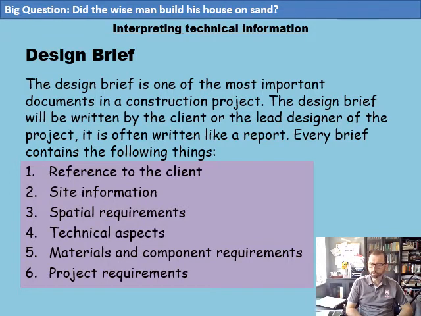Material and component requirements. So for this project here, there's a bit of a pitch roof on top of the garage. It's about the only material requirement we had when we got the planning permission: they had to match the neighbours' roof tiles. So that was a material requirement that we had to match. Same with bricks actually. And then project requirements around completion time, costs, etc. So that would be written in a design brief.